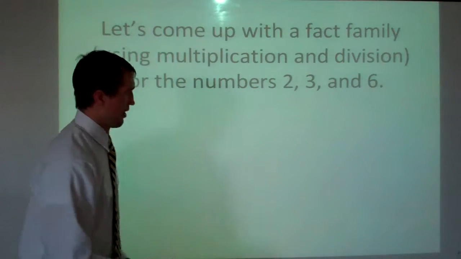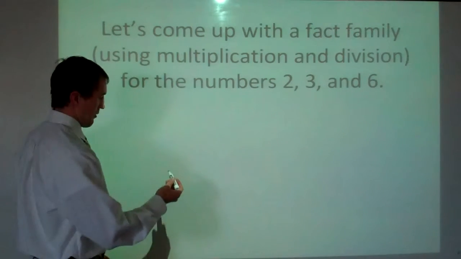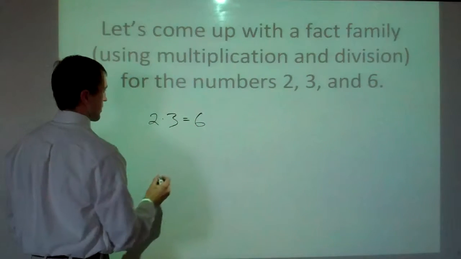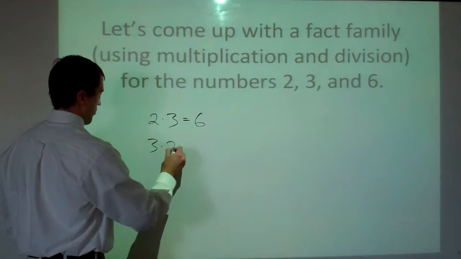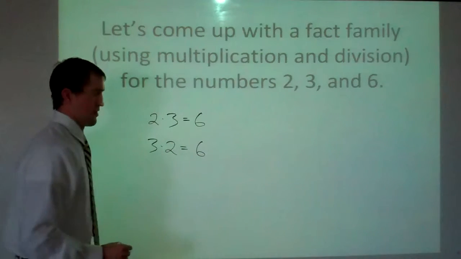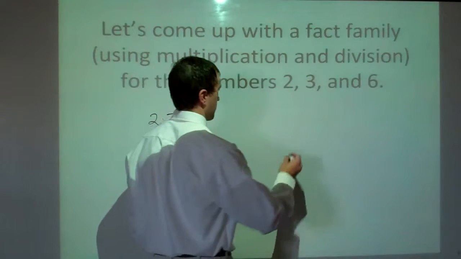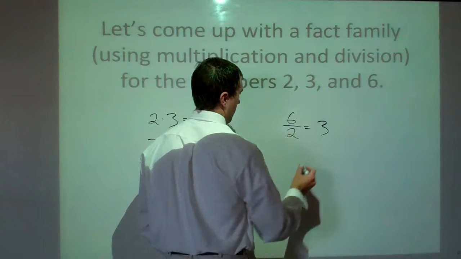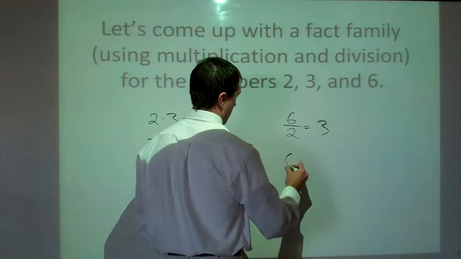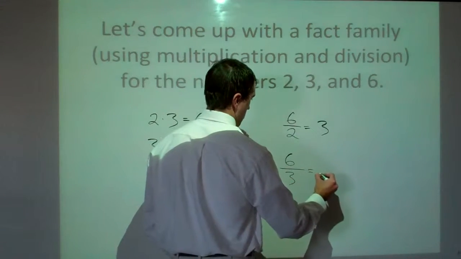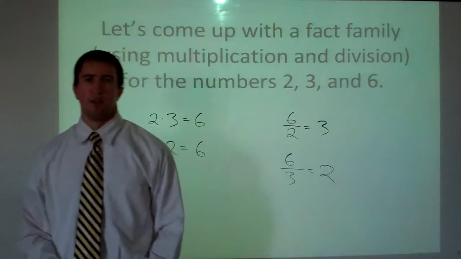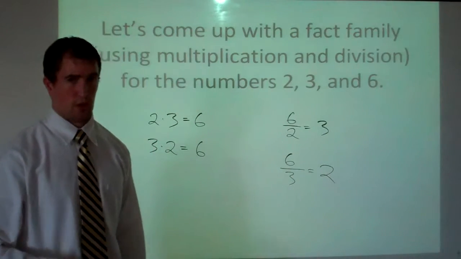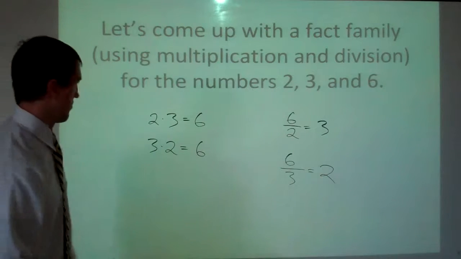So real quickly here, they immediately came up with 2 times 3 equals 6, 3 times 2 equals 6, and then our division ones, 6 divided by 2 equals 3, and 6 divided by 3 equals 2. So that's how we would create a fact family with those 3 numbers with multiplication and division.